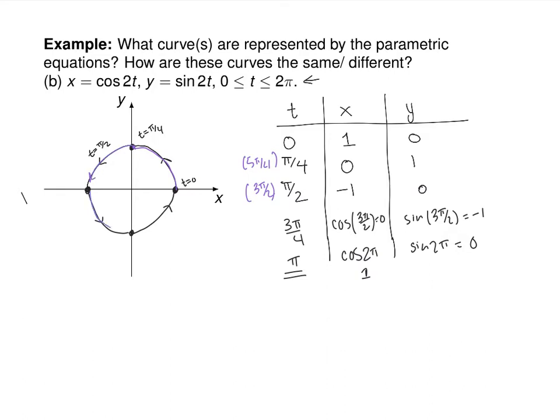So what we're going to do is we're going to trace the unit circle again. So how this curve is different is this is the circle with r equal to 1, but it's traced twice in a counterclockwise direction.